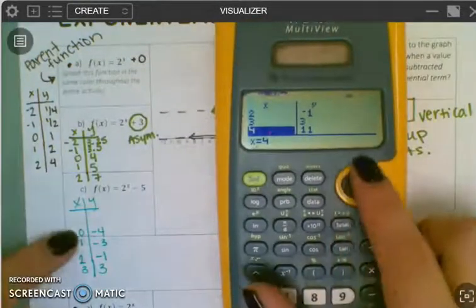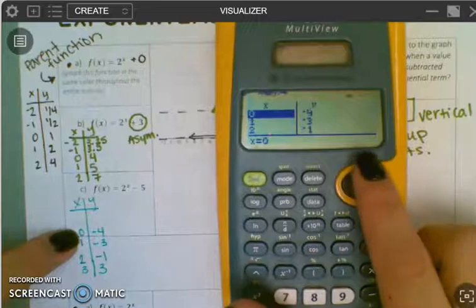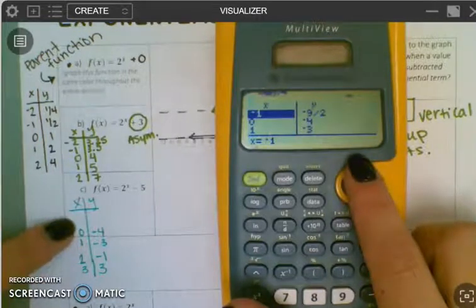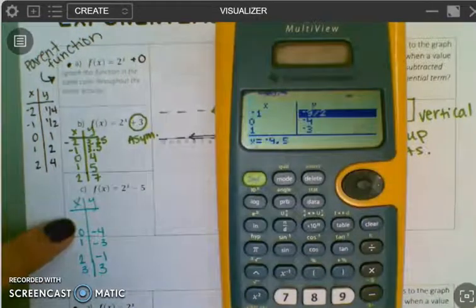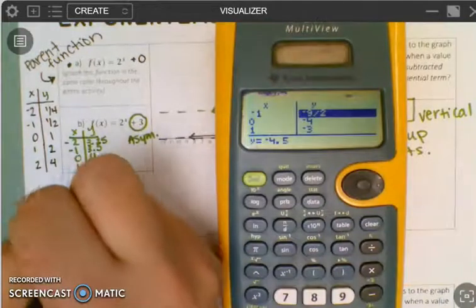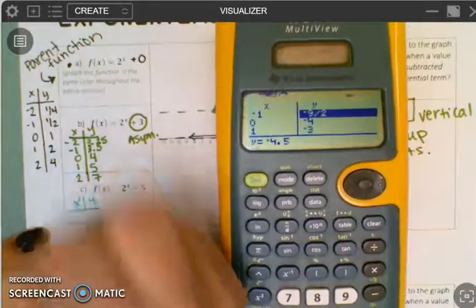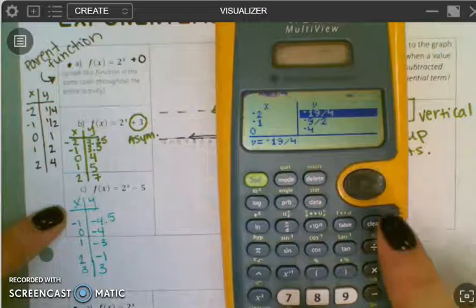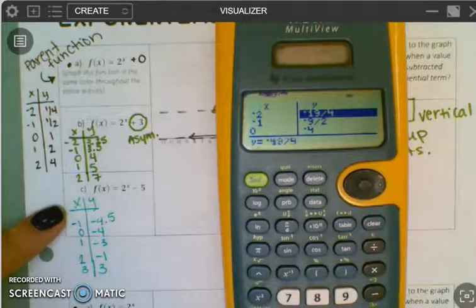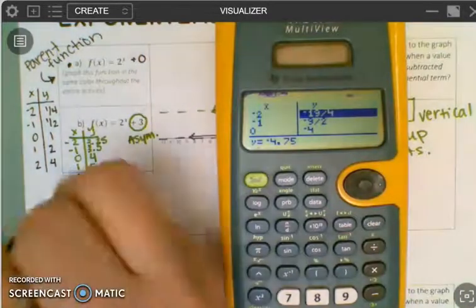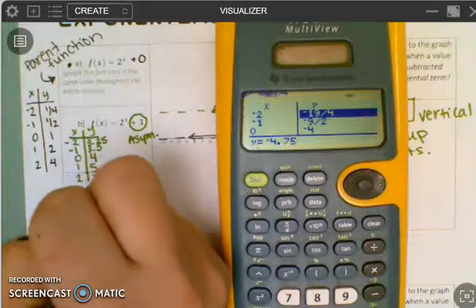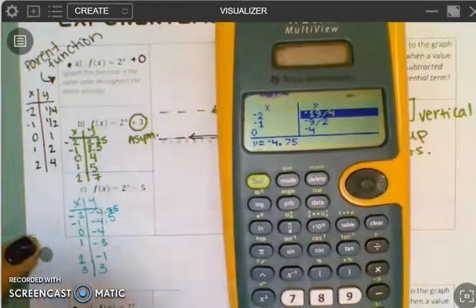Okay, let's go the other way. Let's see if we can find spots on the other side of 0. So negative 1 is negative 4.5. Negative 2 is negative 4.75.